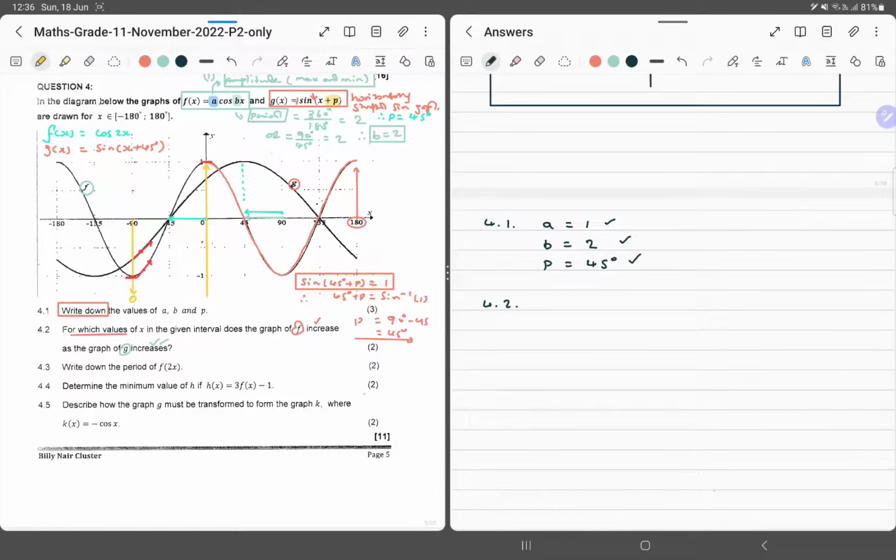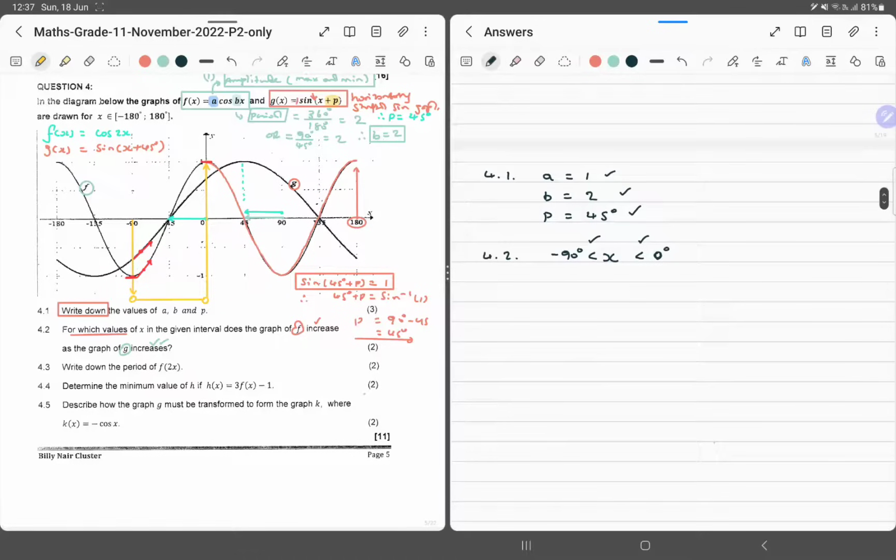Okay, it's not included because one is stationary while the other one is doing what it's doing. So this is the interval of our solutions. Right. So we can simply say that our x must be less than 0, but greater than minus 90. That's it. So normally this one gives us 2 marks.